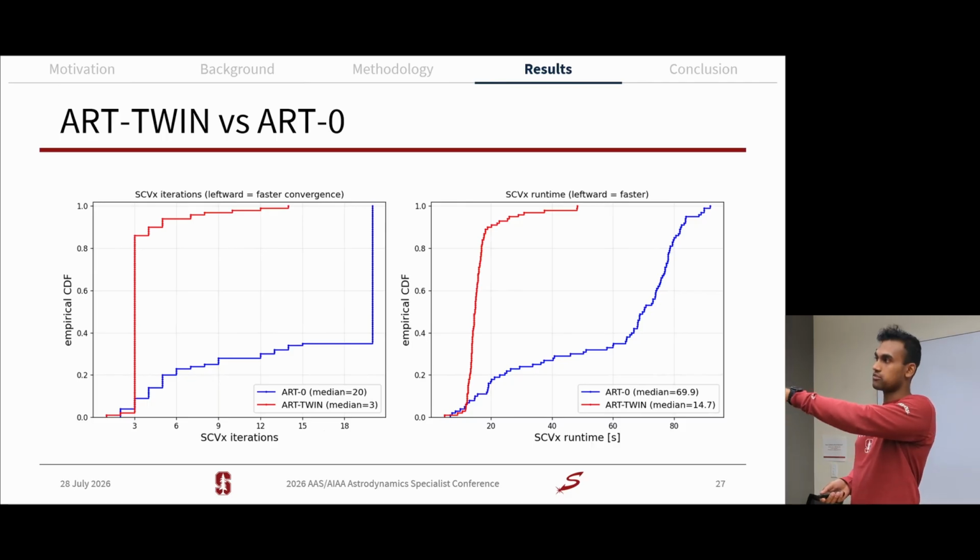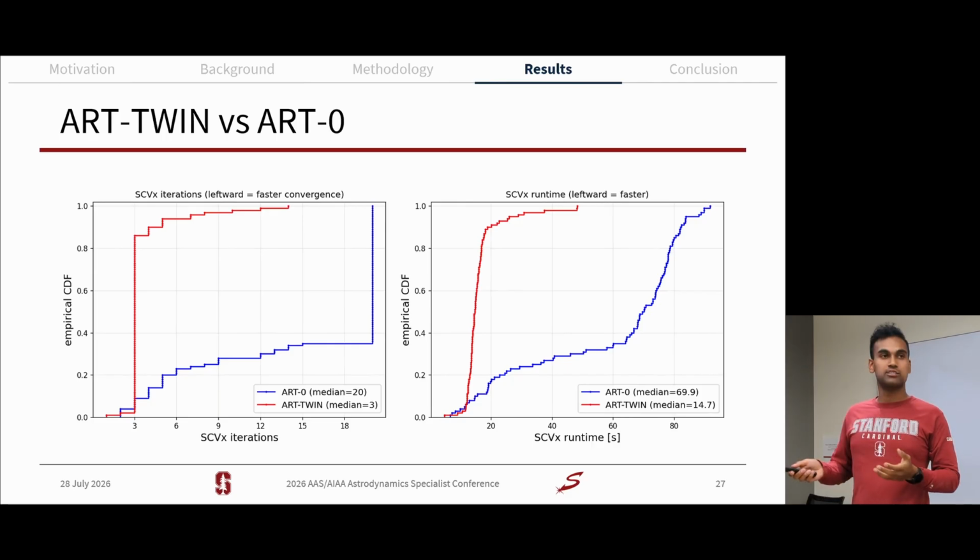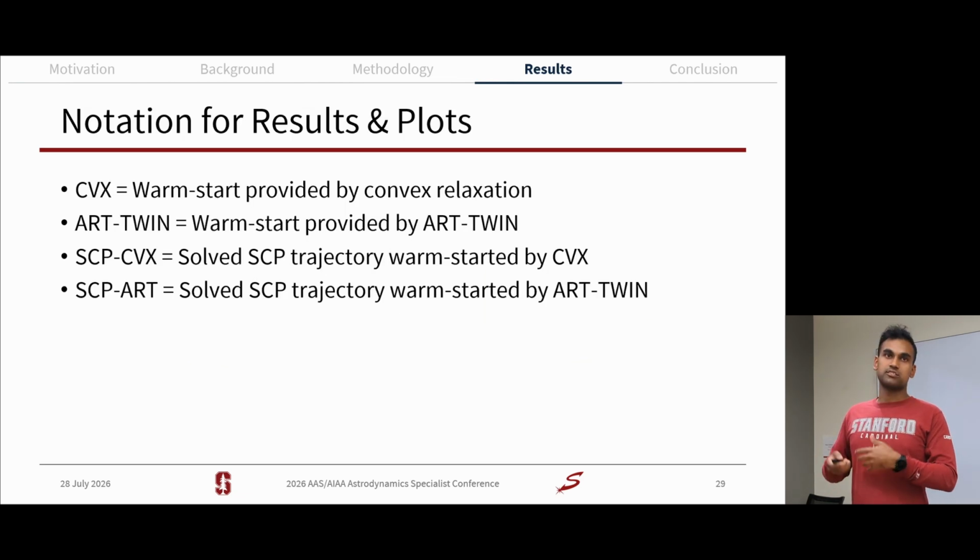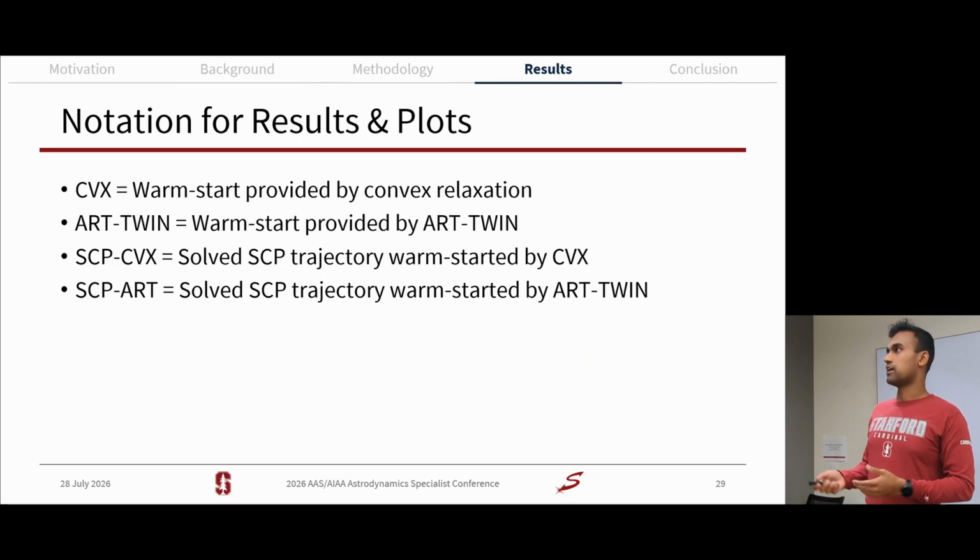It reaches 20 iterations, which is the max, and doesn't find an optimal or feasible solution, whereas ART twin is able to converge usually in about 3 iterations of SCP, which drastically decreases the runtime. So this establishes the necessity for forward-backward shooting, why we made that enhancement.